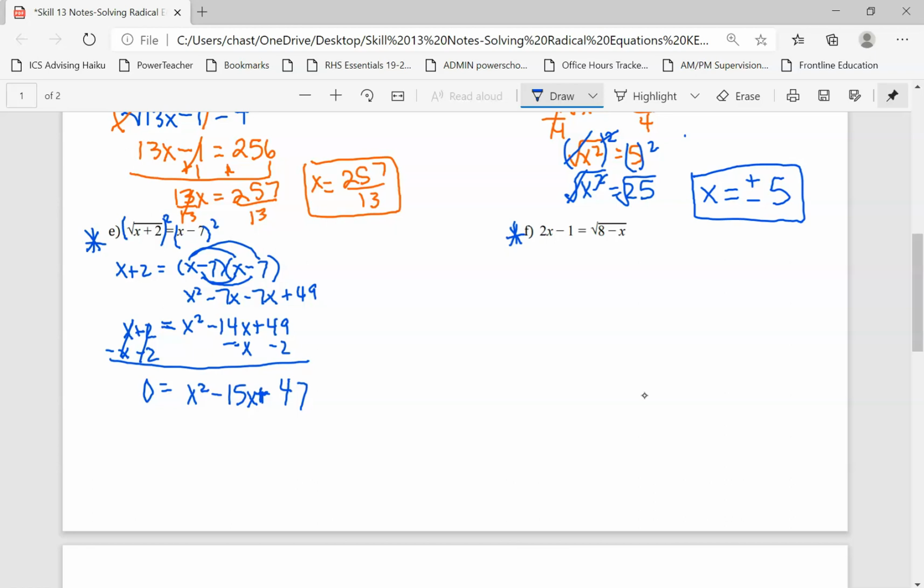Okay, and it looks like this one does not factor. I can just tell because the only numbers that multiply to 47 are 1 and 47. So we're going to use the quadratic formula. Okay, so A is 1, B is negative 15, C is 47.